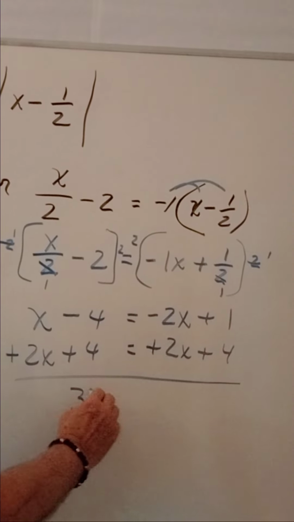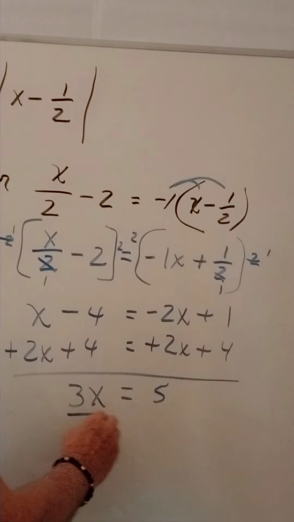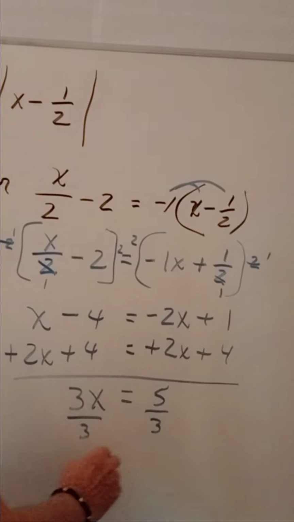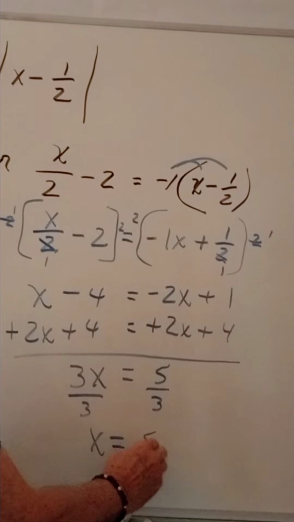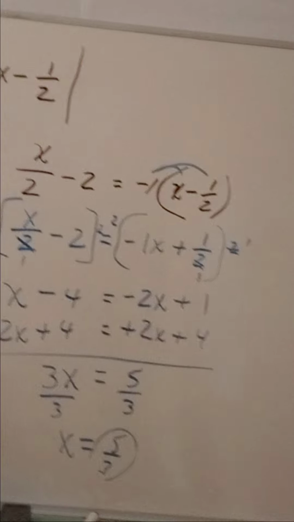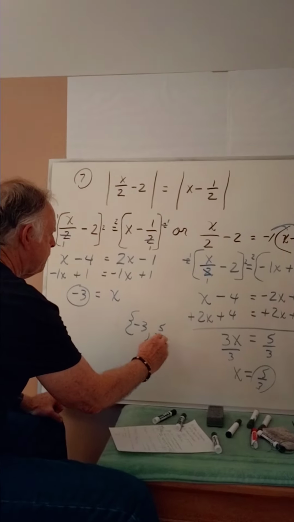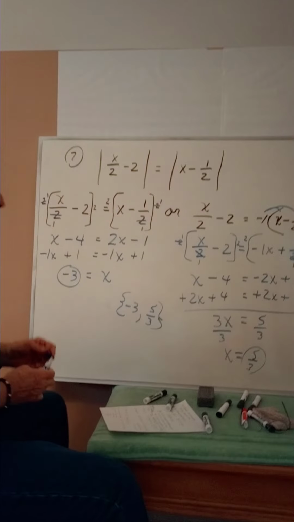We'll have a 3x on the left, and on the right, we'll have 5. Over 3, x is equal to 5/3. The solution set, the set whose members are -3 or 5/3, done.